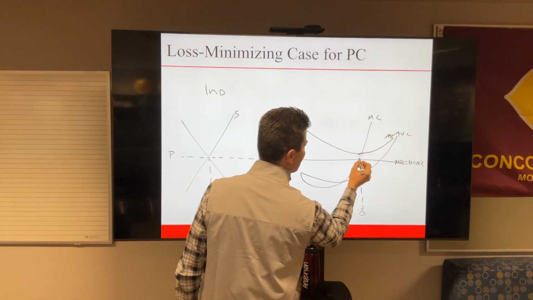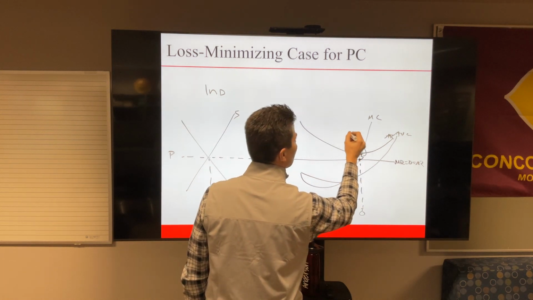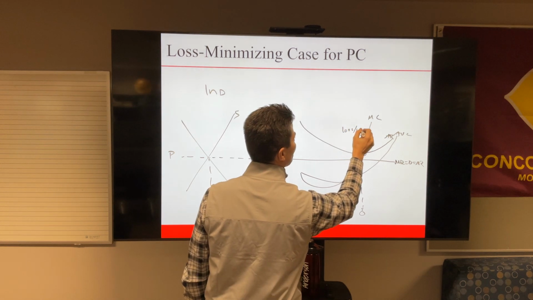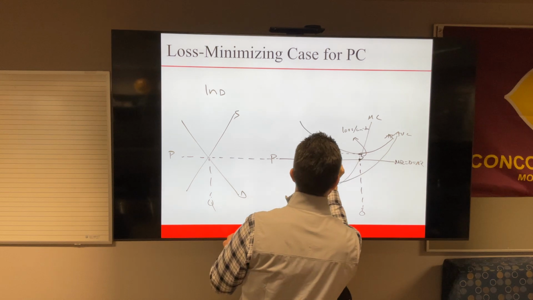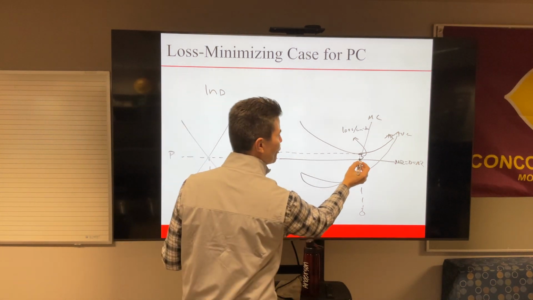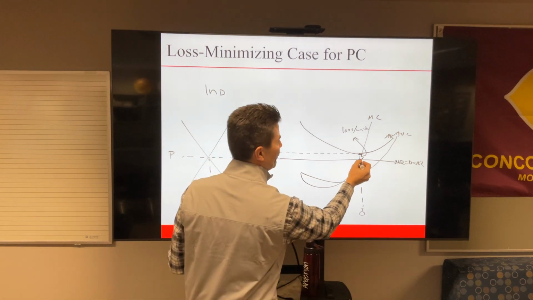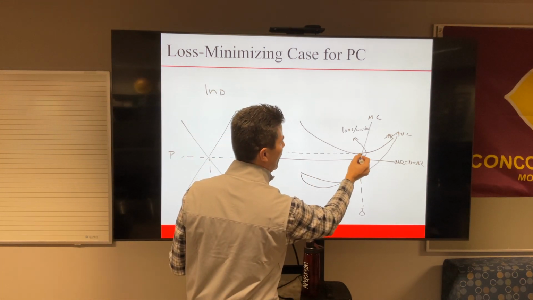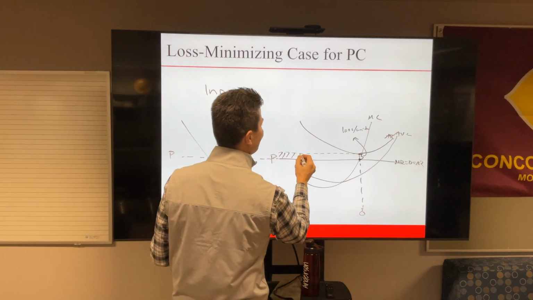And so this area represents my loss per unit, and I have to multiply that times my quantity. So you go for your profit maximizing quantity, go to your ATC. If it's up or down, in this case it's up, so I go up, and I have to go over, multiply by the quantity, and then you go in and you shade.